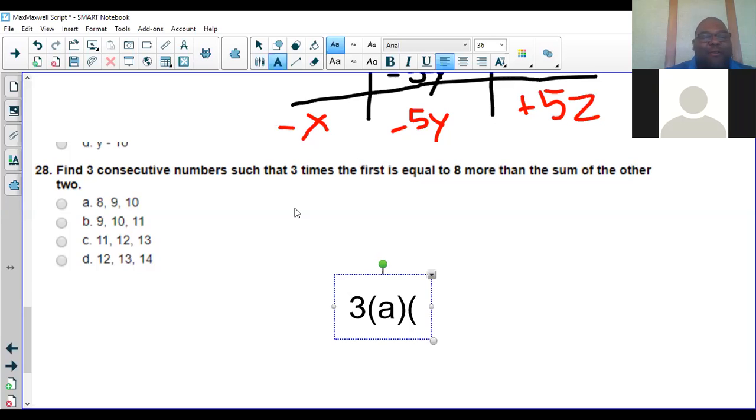So the sum of the other numbers would be, say B is 9 and C is 10, and it's 8 more.